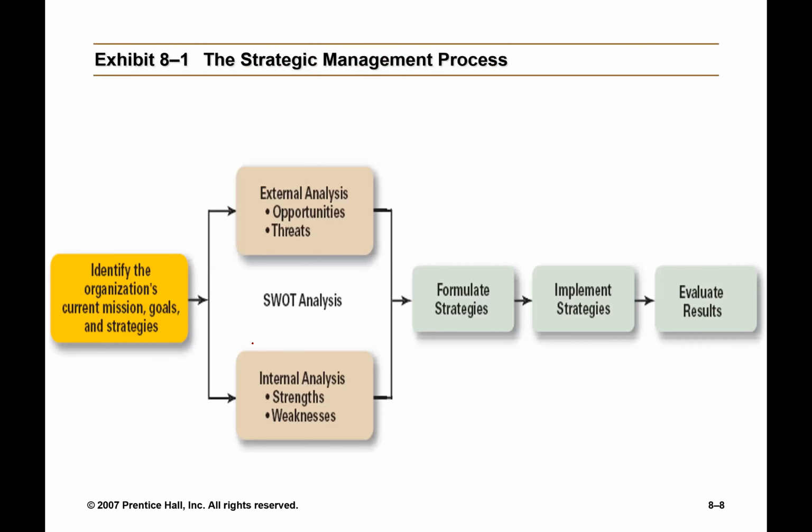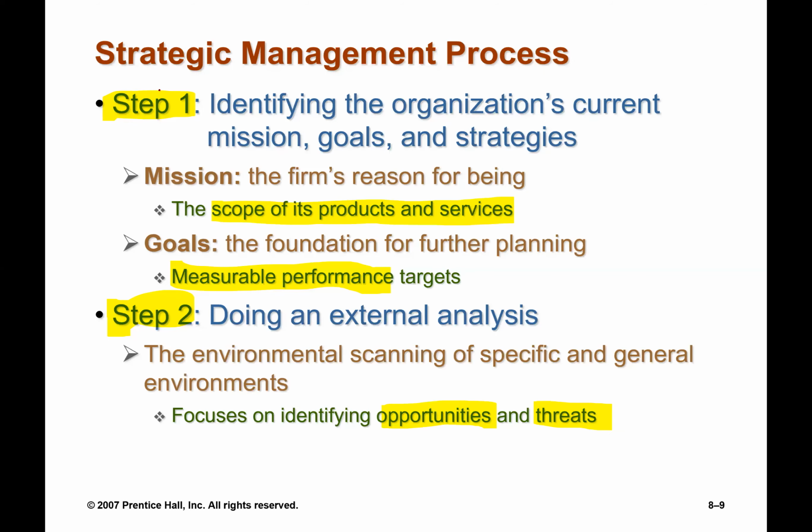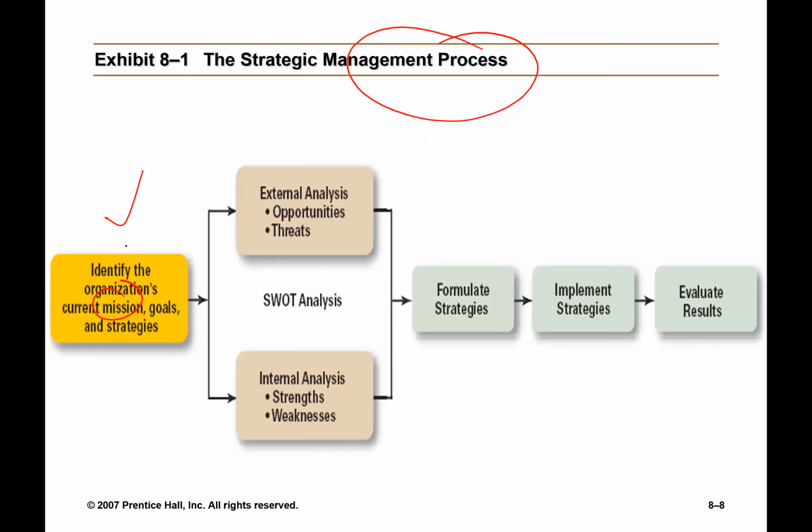This is what we call the strategic management process. There are 5 processes that we have to go through. First, step number 1: understanding our current mission, goals, and the strategy to achieve them.